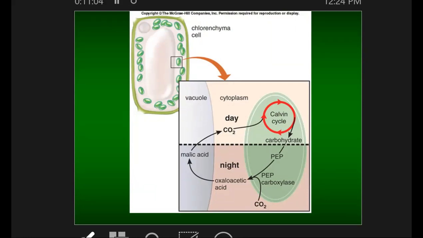CAM plants, they're really unique because they can do some things at night and then during the day do another aspect. So think about it. If you are a giant saguaro cactus and you're living in New Mexico, and if you've ever visited that area of the United States, would you want to open your stomata at high noon?